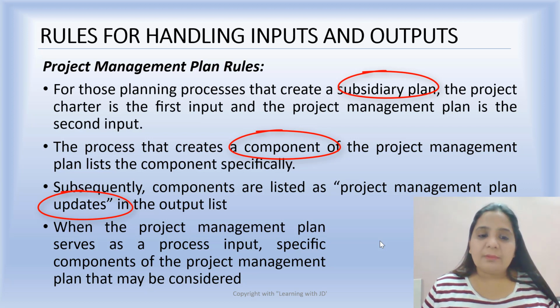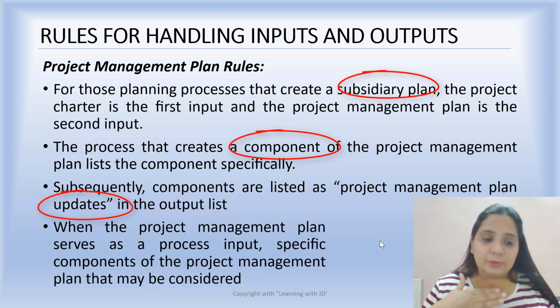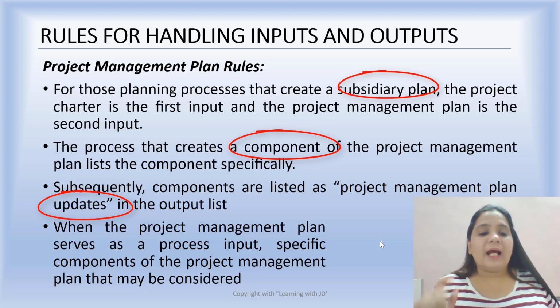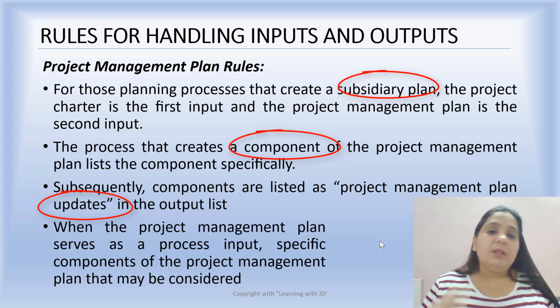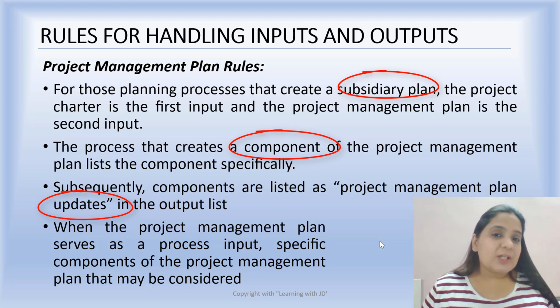When the project management plan serves as the process input, a specific component of the project management plan may be considered. This is a very tricky question because when we talk about project documents, whenever it is an input, it is mentioned as project document, and the name and further explanation of that component is mentioned in the narration.